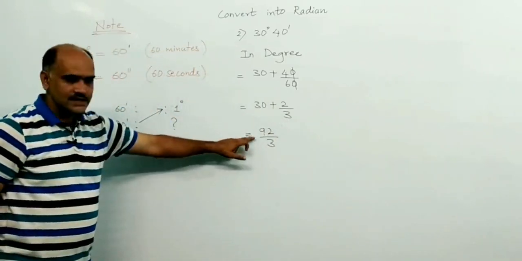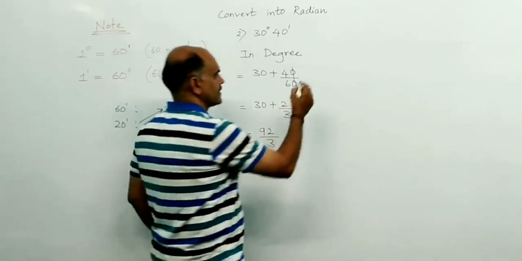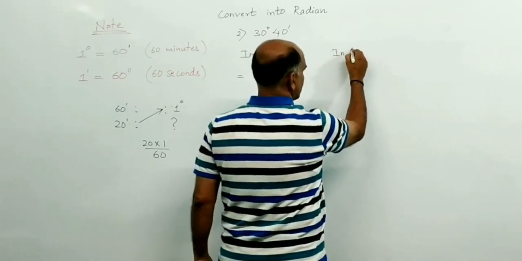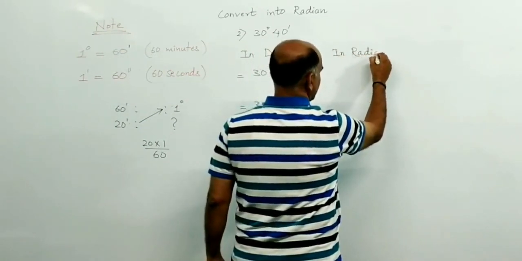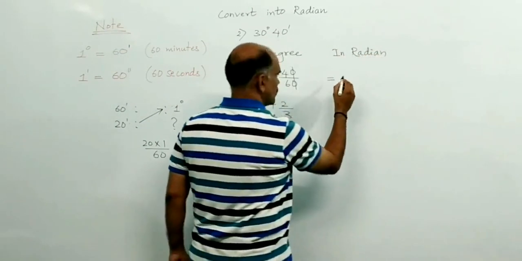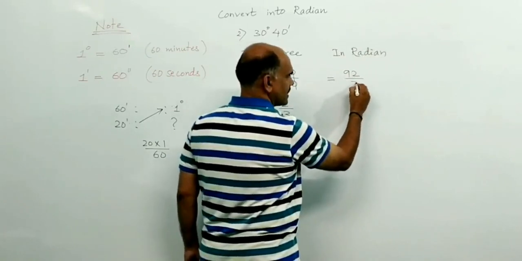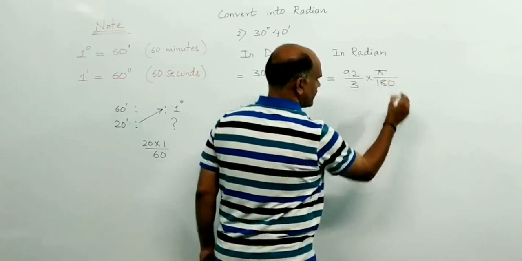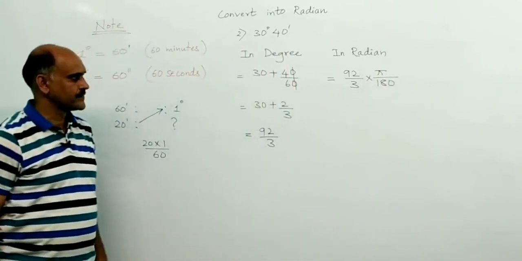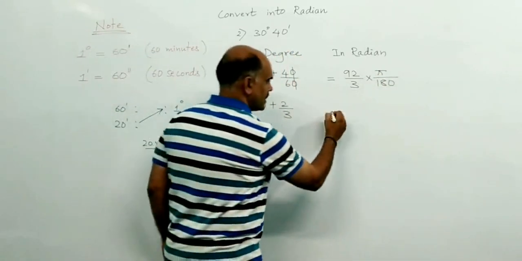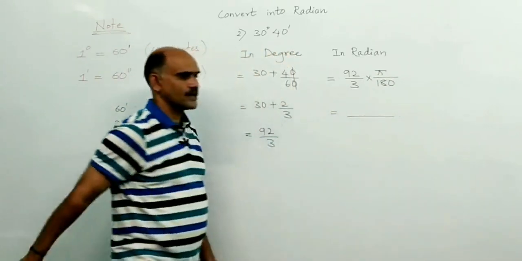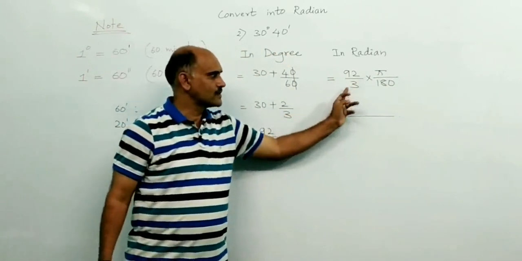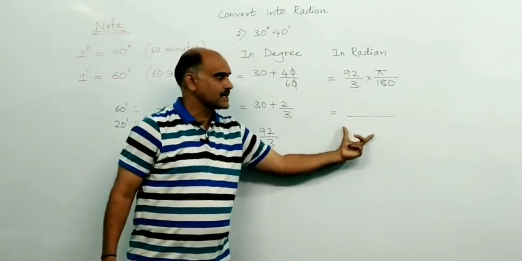Now you convert this into radian. In radian you will have 92 by 3 into pi by 180. So again use the calculator and simplify, you will have the answer.